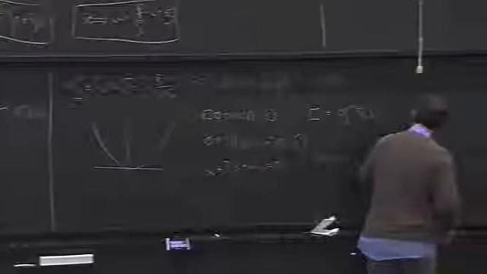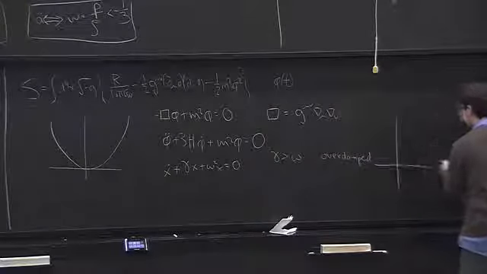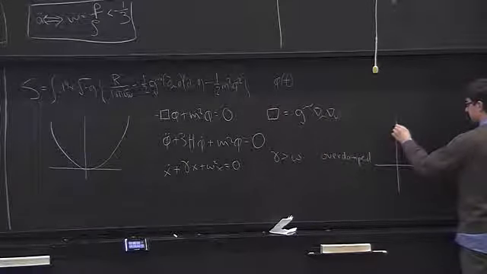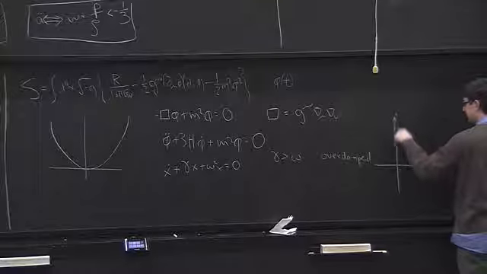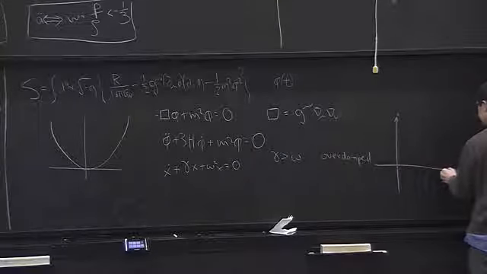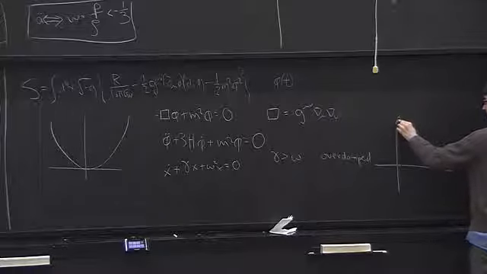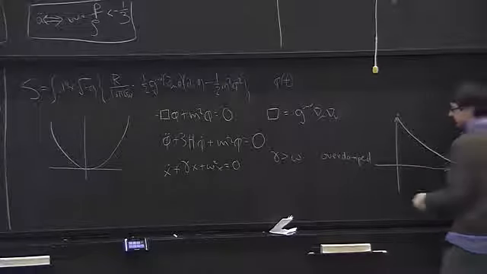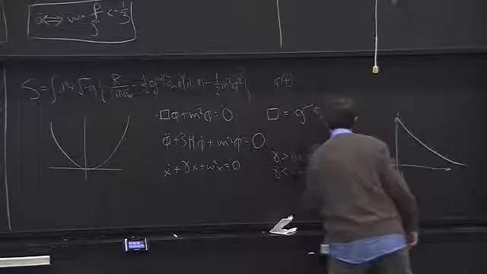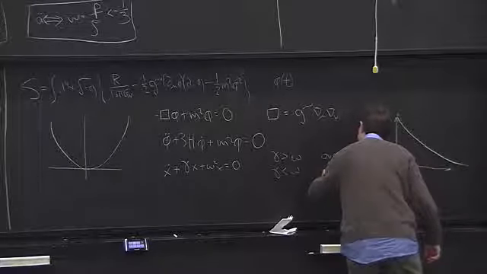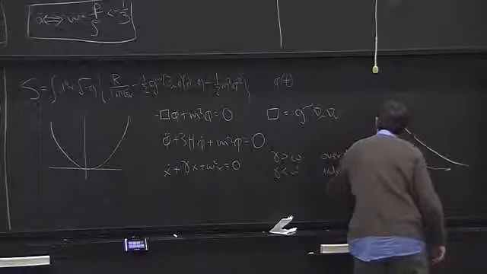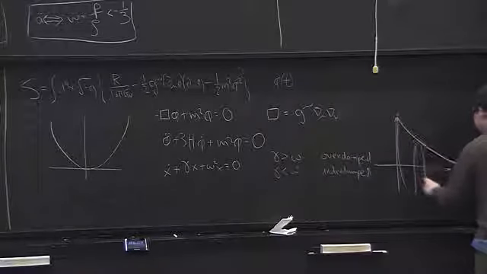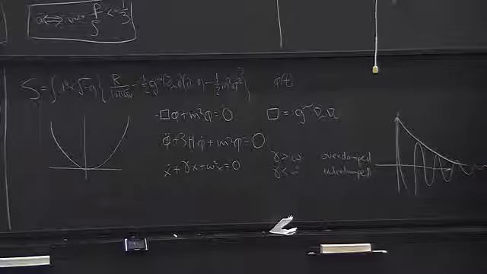If I displace the spring away from its equilibrium position, and this is time, then for an overdamped system, it doesn't oscillate; it just gradually oozes back to the equilibrium position. On the other hand, if gamma is less than omega, it's underdamped, and the spring, in that case, oscillates, but with a gradually decaying amplitude.